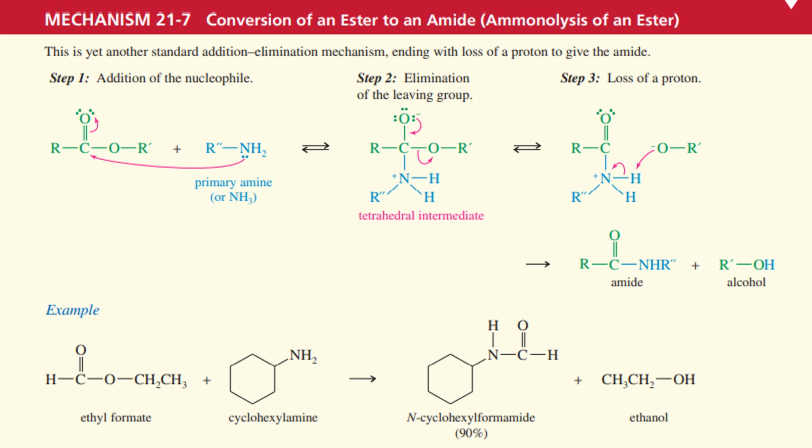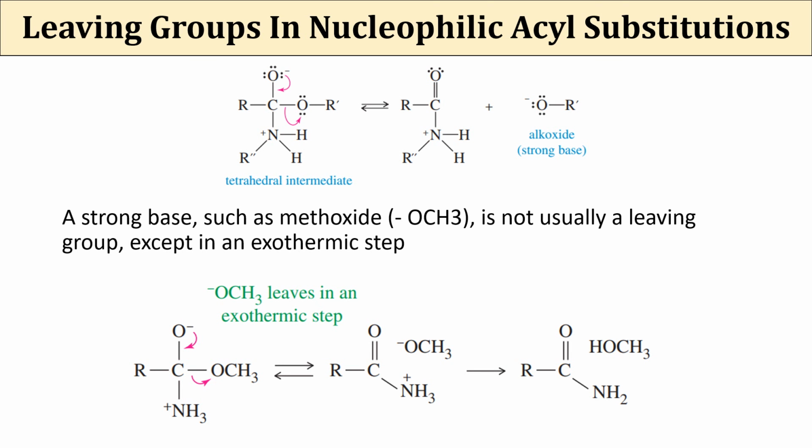In each case, the acyl group of the ester is transferred from the oxygen atom of the alcohol to the nitrogen atom of the amine. For example, ethyl formate reacts with cyclohexylamine to give N-cyclohexylformamide with ethanol.